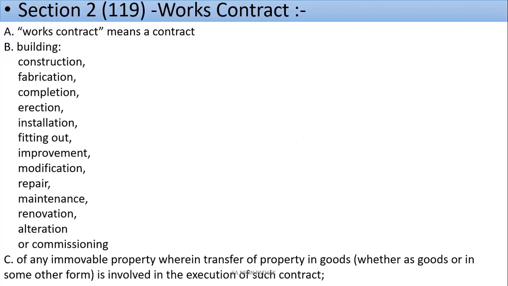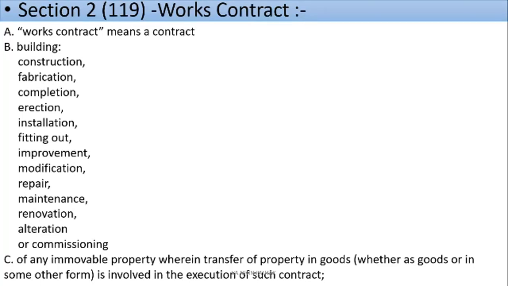Works contract is the most important definition, around which the whole section and all real estate transactions revolve. So we have explained that a works contract is a contract which includes the following types of transactions done or services provided: building, construction, fabrication, completion, erection, installation, fitting out, improvement, modification, repair, maintenance, renovation, alteration, or commissioning.